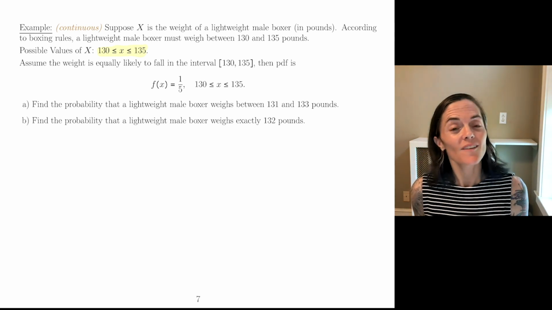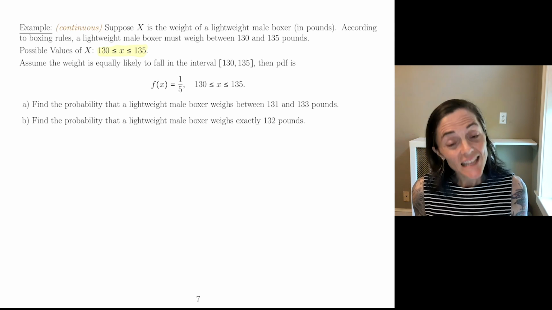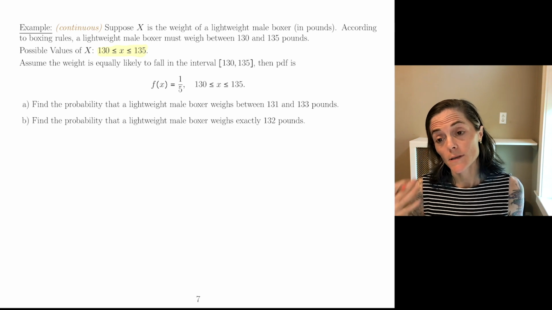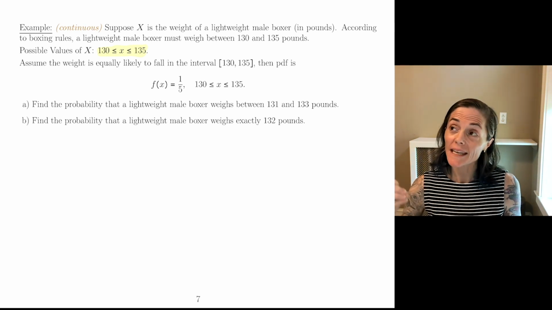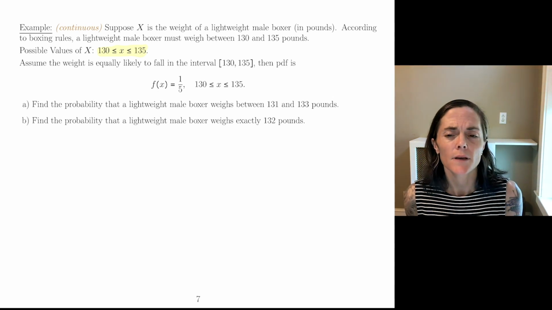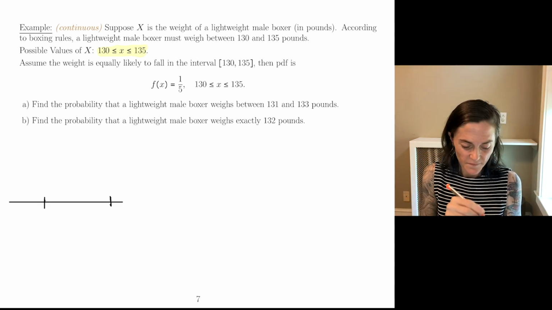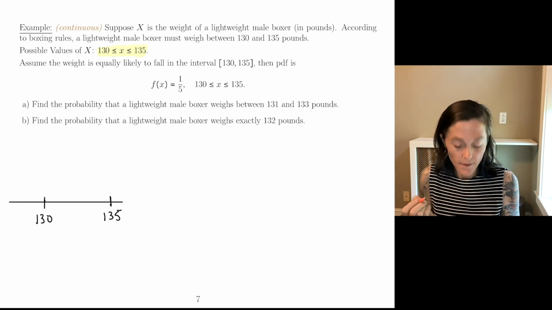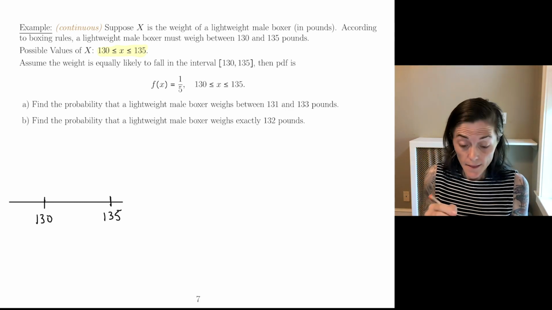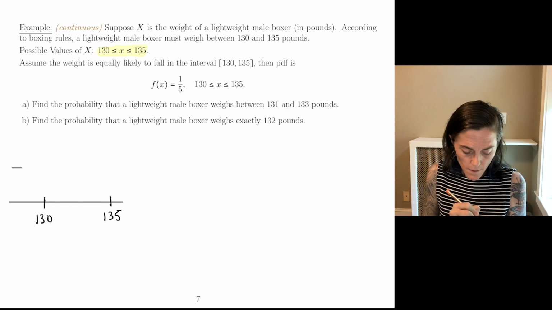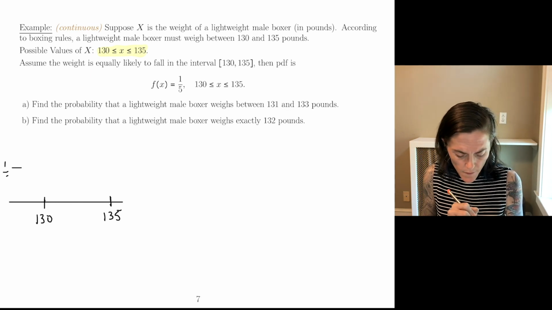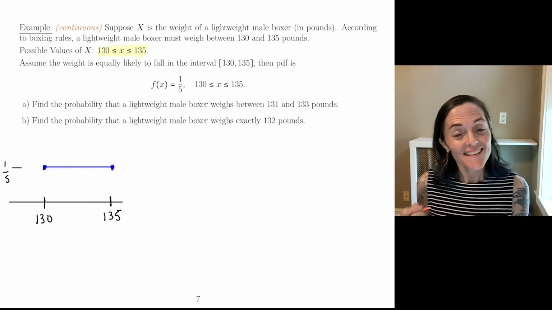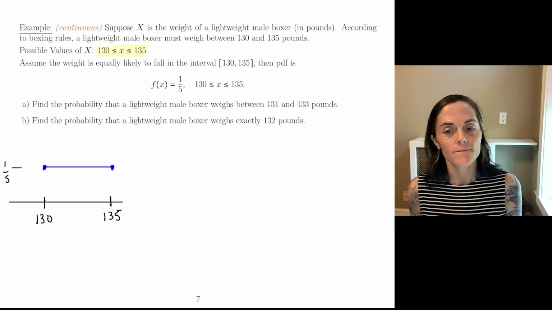Well, it's this closed interval from 130 to 135. Let's assume the weight is equally likely to fall in this interval. So then the PDF, probability density function, is 1/5. Let's draw a picture. So say here's 130 and here's 135. And then my function value is up here at 1/5. Okay, here's a graph of this probability density function.